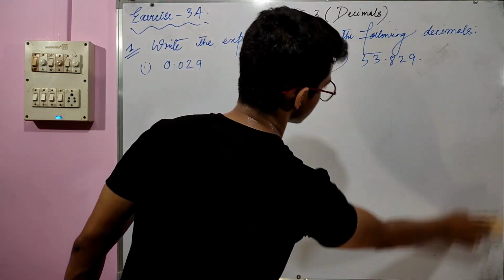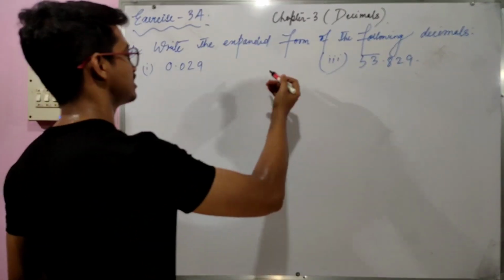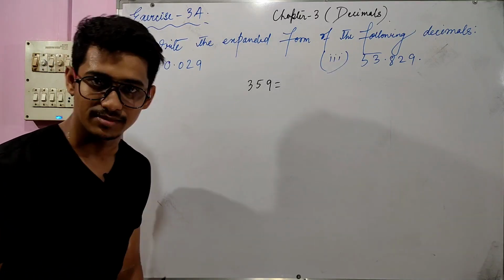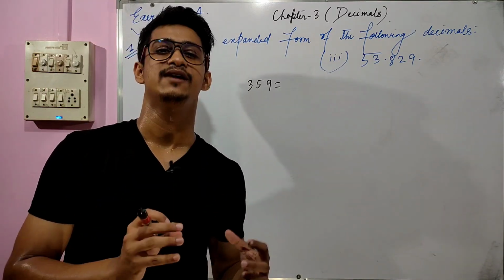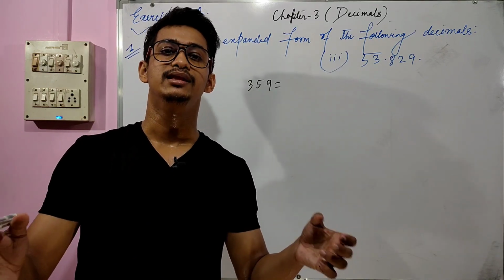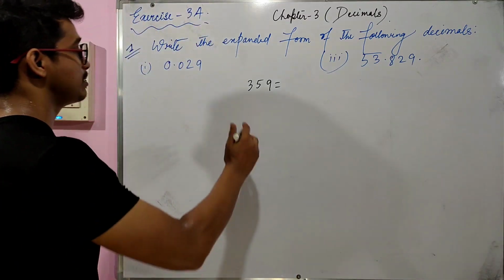First of all, let's revise what we mean by expanded form. If I take 359, expanded form is nothing but dividing it into place values and adding them with the plus operator.